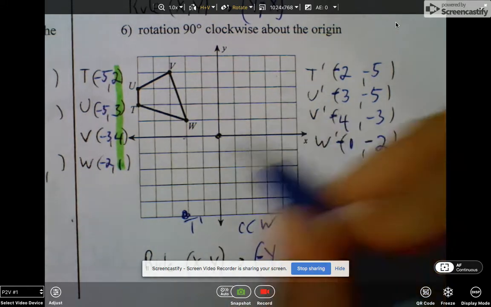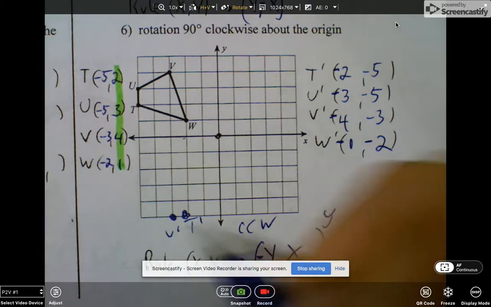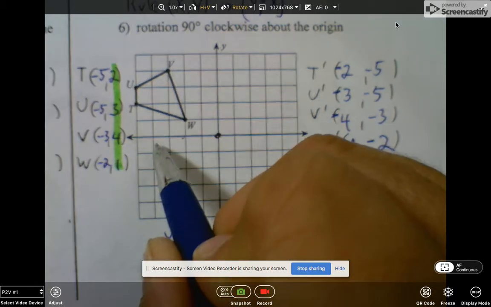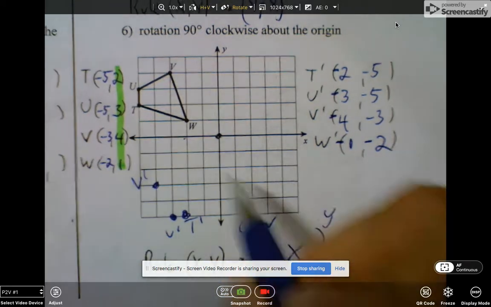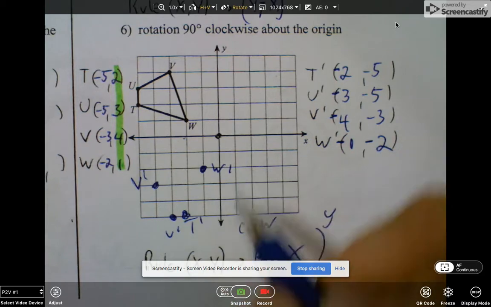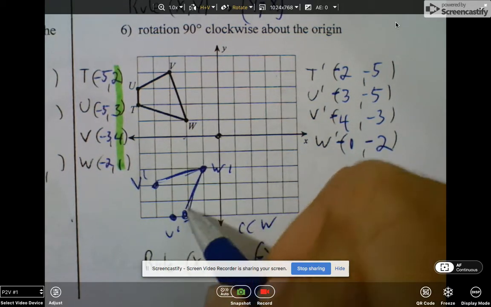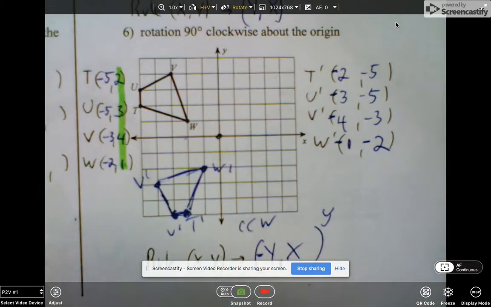U prime, -3, -5. V prime, -4, -3. And the last one is -1, -2, W prime. So now you connect your dots. Looks congruent to me. Looks like it went left, counterclockwise.